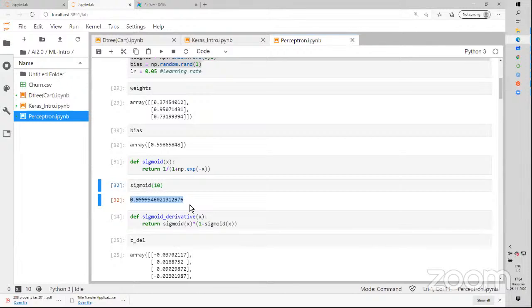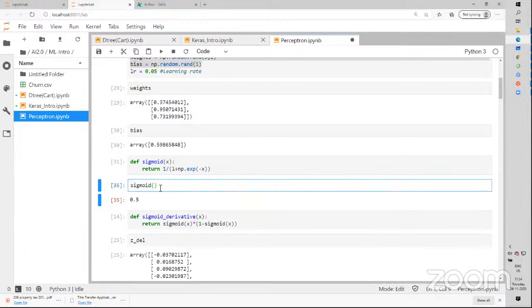When the values are negative, let's say sigmoid of minus 10, you would get 4.5 times 10 to the power of minus 5, so that's 0.000 something. What is sigmoid of minus 1? 0.26. And sigmoid of 0 should be exactly 0.5, right?